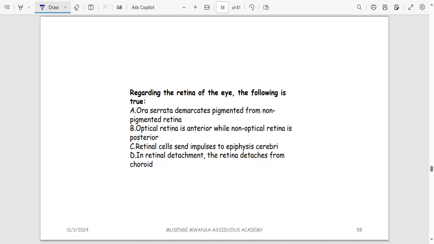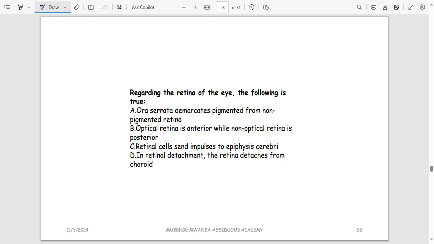Regarding the retina of the eye, the following is true. Ora serrata demarcates the pigmented from non-pigmented retina. Optical retina is anterior while non-optical retina is posterior. Retina cells send impulses to epiphysis cerebri. In retinal detachment, the retina detaches from choroid.